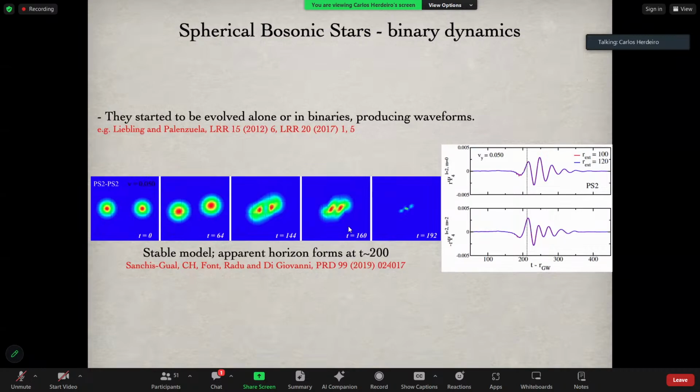This was done a few years ago already. These simulations were typically quite short, doing head-on collisions or with some momentum transverse to the separation so that they could get a little bit of an orbital motion and not just a head-on collision.